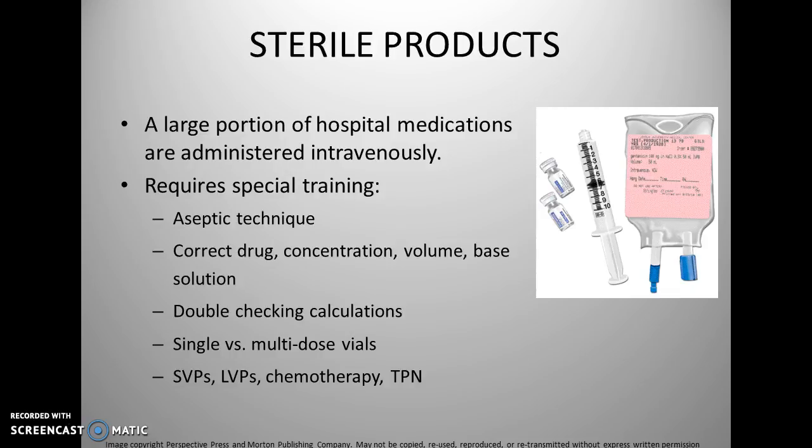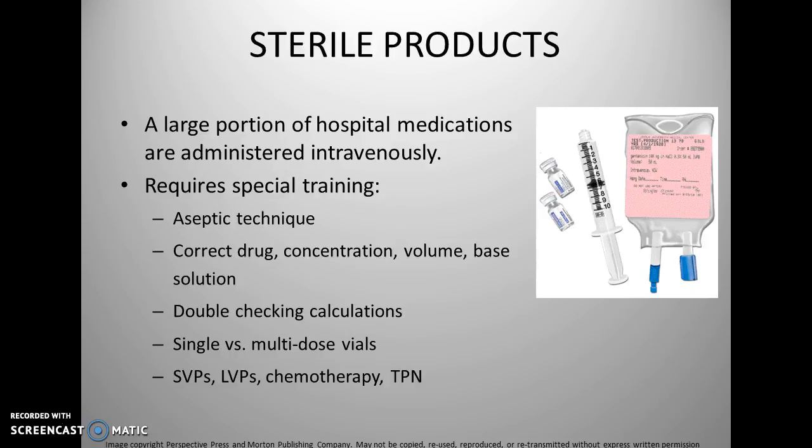Not only in the hospital do you deal with many different types of products, many of those products have to be sterile, especially those that are given by IV. So aseptic technique is very, very important. So a large portion of the hospital medication are administered intravenously.